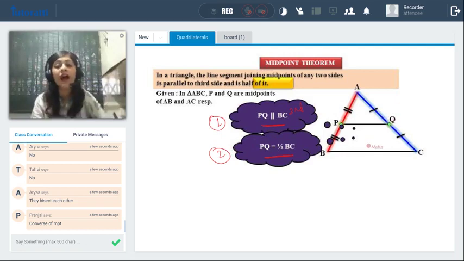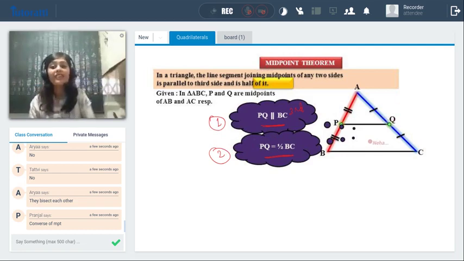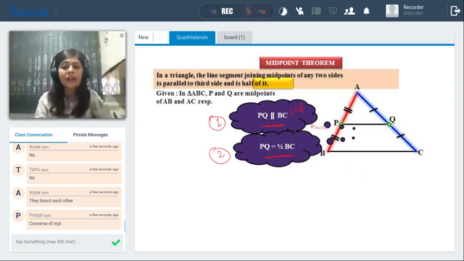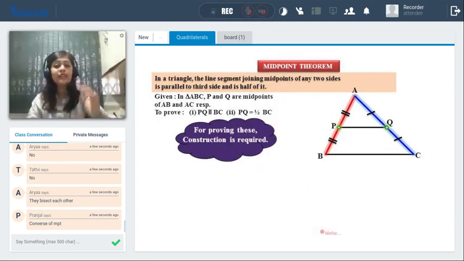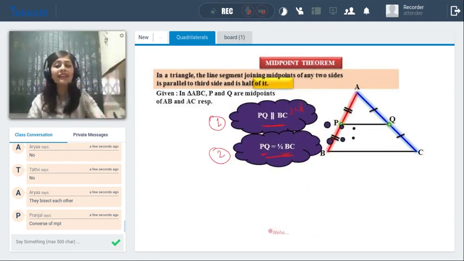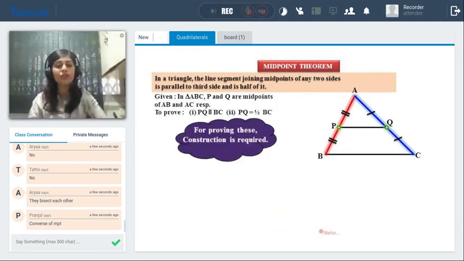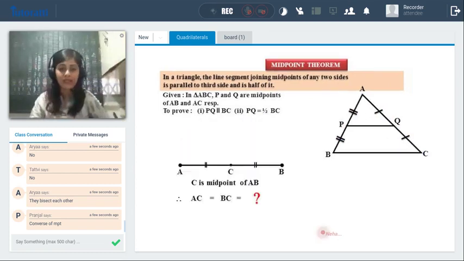We need PQ to be half of BC. From the given information, how are you going to find if PQ is half of BC? That's not possible. So we need some construction. Before that, we will look at an activity.